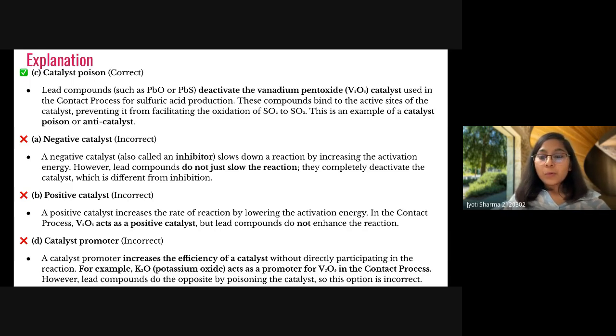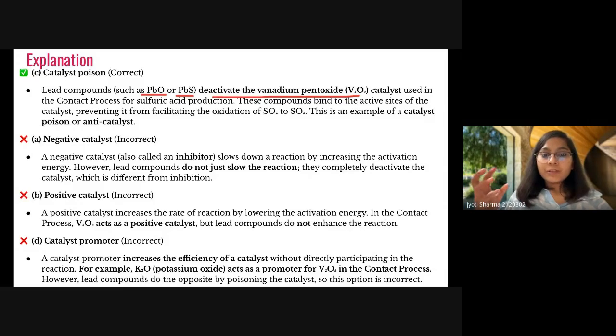So lead compound, either it is PbO or PbS, will deactivate the vanadium pentoxide catalyst. So we have one catalyst, that is vanadium pentoxide, that increases the oxidation rate from SO2 to SO3.